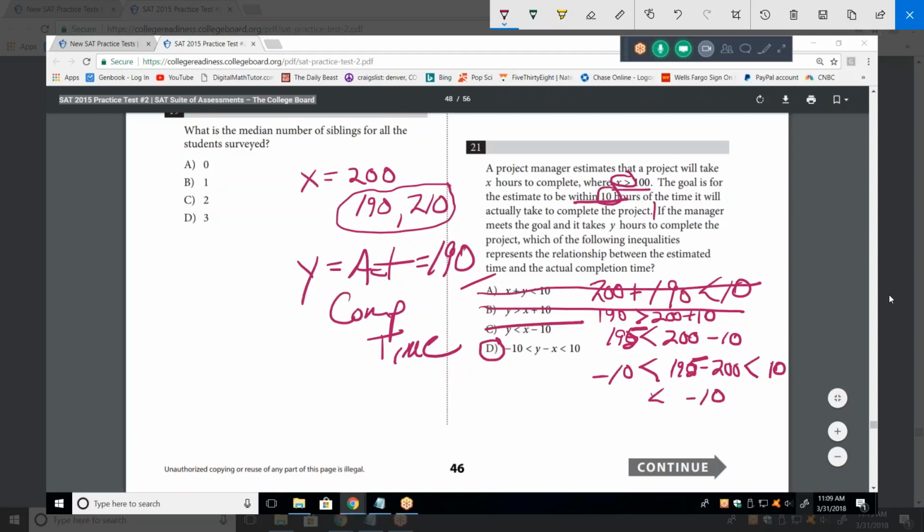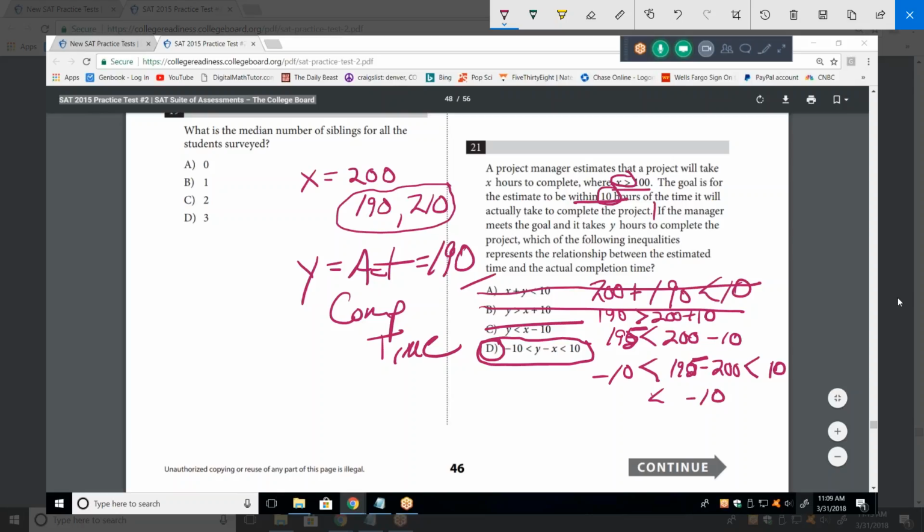So sometimes when you make up numbers, you are going to find two answers that actually work, and so you have to give it a little more thought. But in terms of doing a very difficult problem like this, make up numbers. I didn't have to pick 200, 190, or 210.